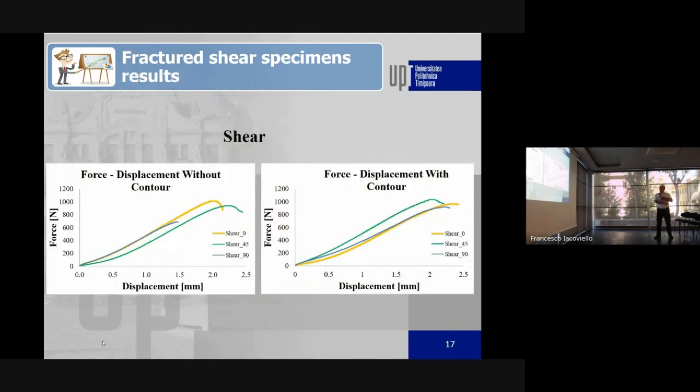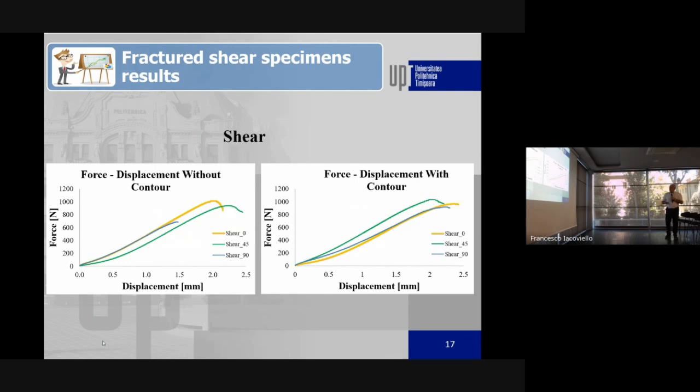If we look now at the typical load displacement results, again for the 0 degrees orientation, we have the maximum load here.